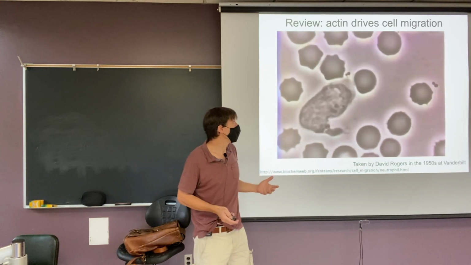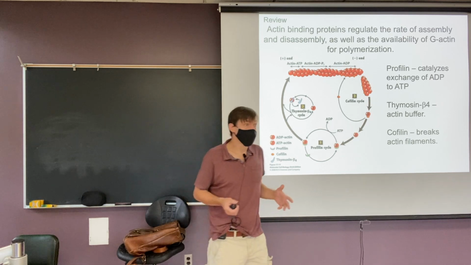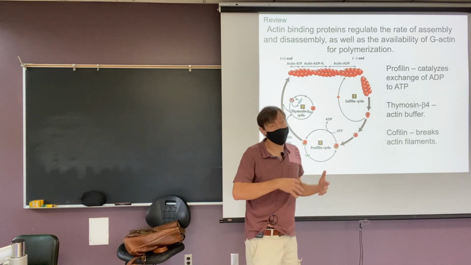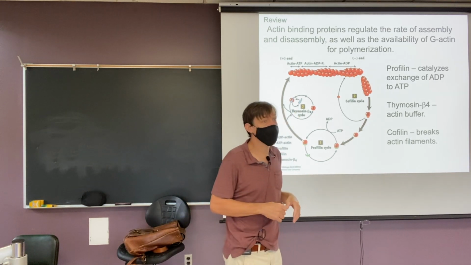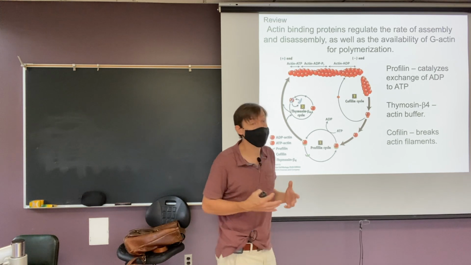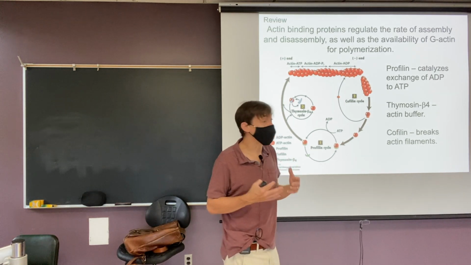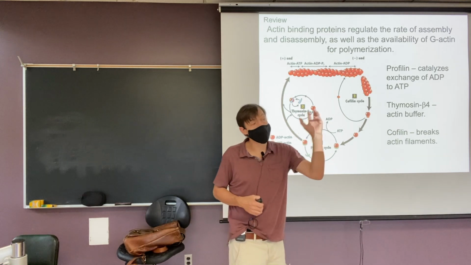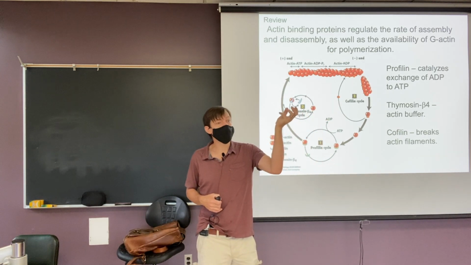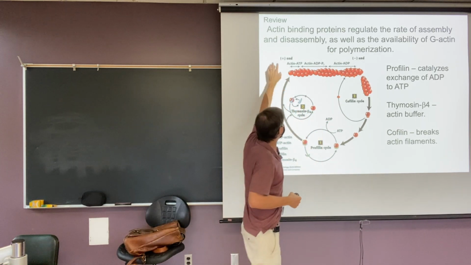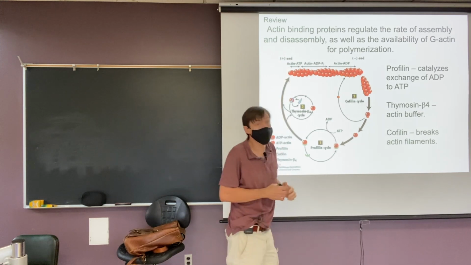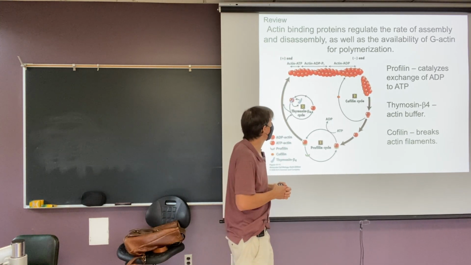As a little bit of review, in the last two classes we talked about some of the proteins that are important for modulating or regulating actin assembly. As a brief recap, when G-actin is bound with ATP, it preferentially adds onto the plus end of actin filaments.